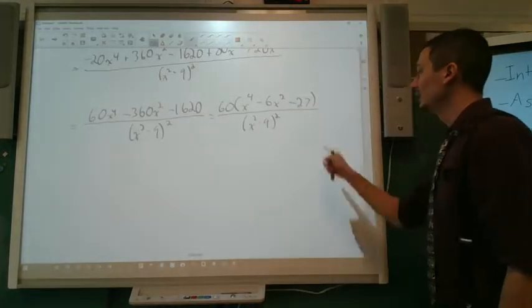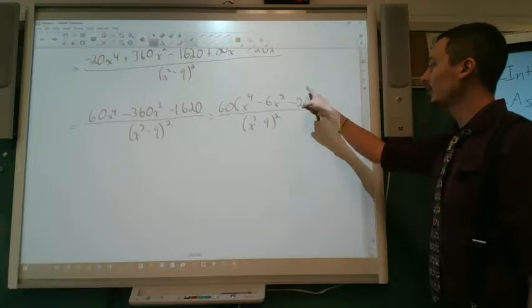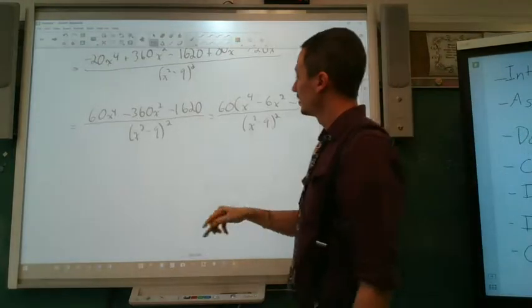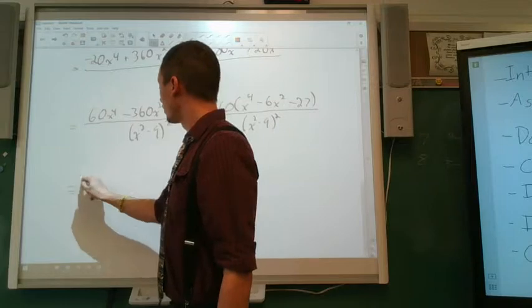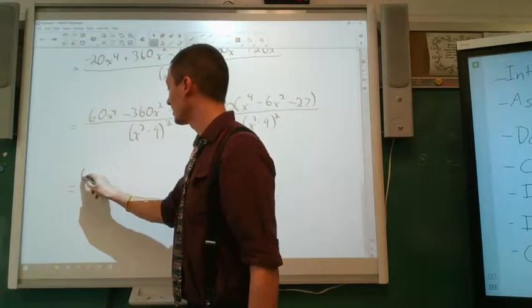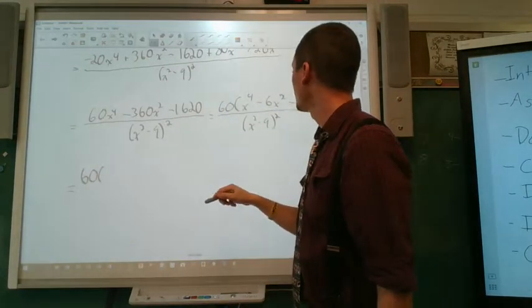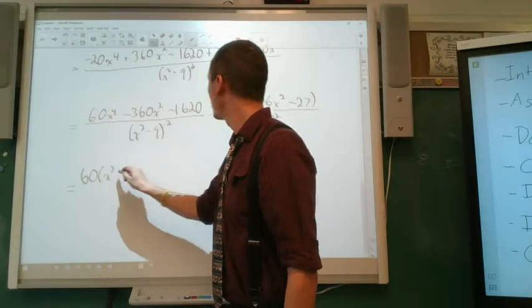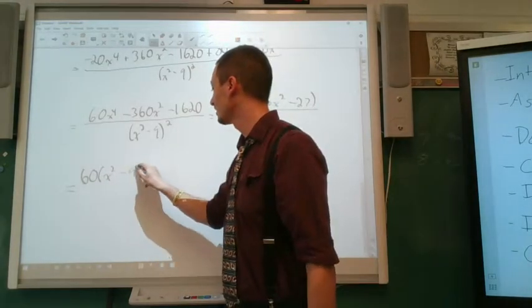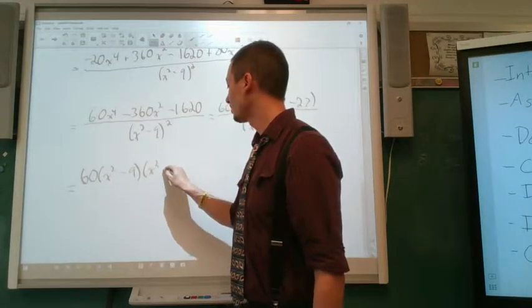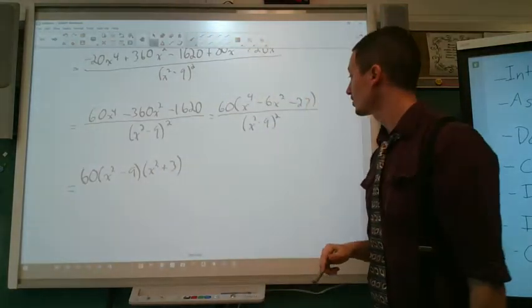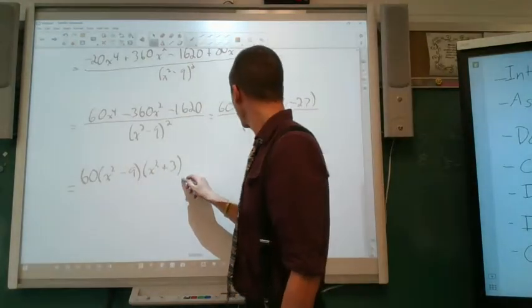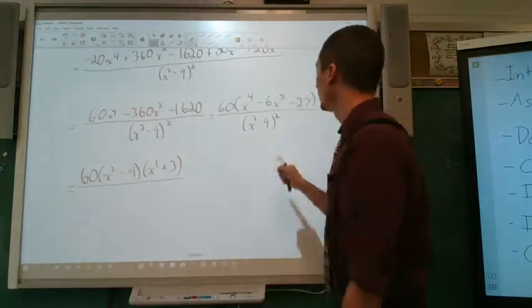All right, cool. 9 and 3, this is going to factor, leaving us with 60 times x squared minus 9 times x squared plus 3 should give us a negative 6 divided by, when did that become a 2?